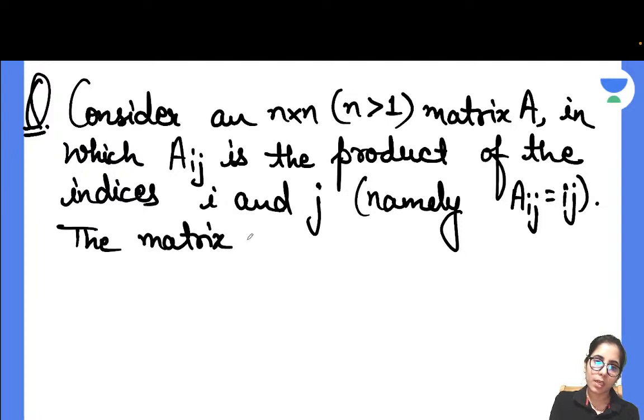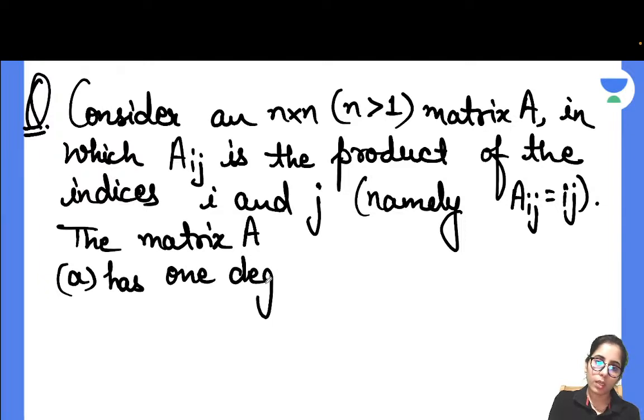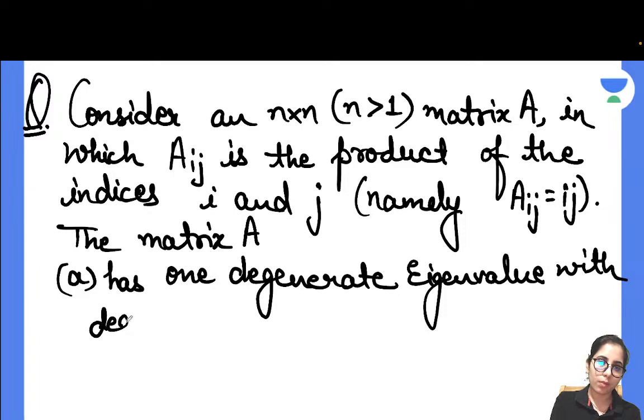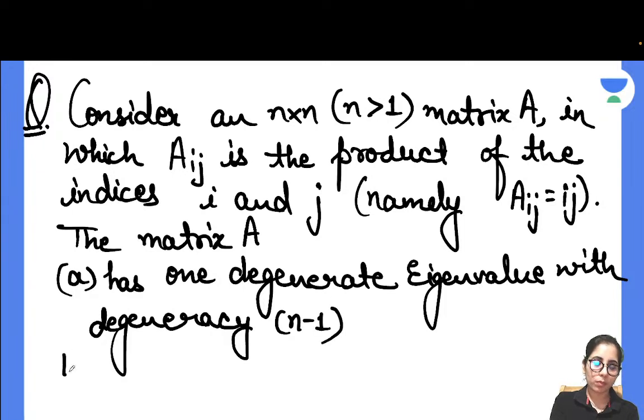The matrix A: option A, has one degenerate eigenvalue with degeneracy n minus 1.